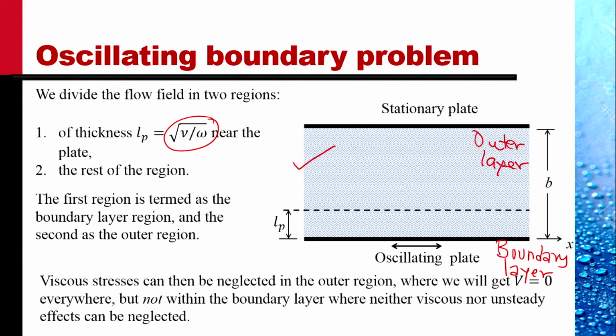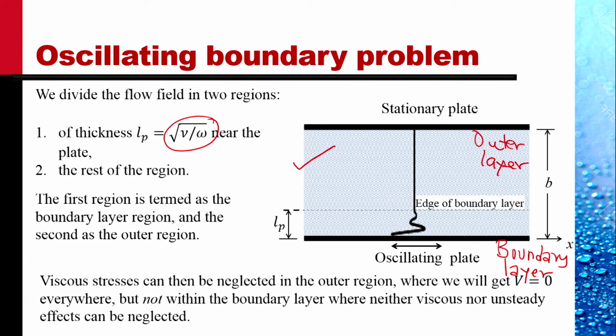So that we now obtain two equations, one valid for the boundary layer and the other for the outer region. And the flow solution would be this. The equation for the outer flow is simply dVx by dt is equal to 0, as we have obtained in the last slide. And the upper boundary condition is applicable to this.